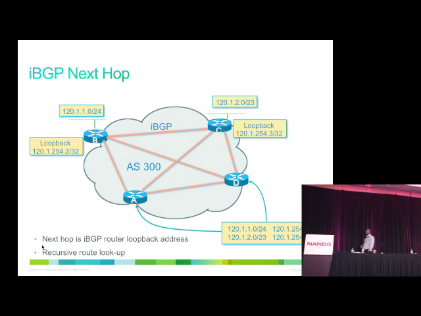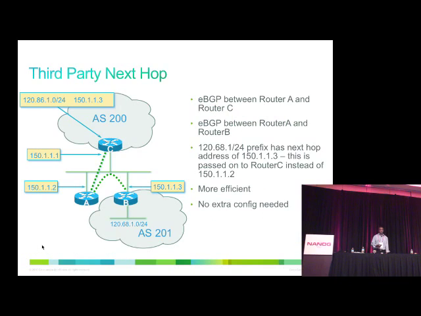Itself means its loopback interface IP address. So when the other routers receive, the next hop will be the loopback IP address of B, which is 121.254.2. So for iBGP learned routes or routes originated within that autonomous system, the next hop is set to the loopback IP address of the router that originated the route.